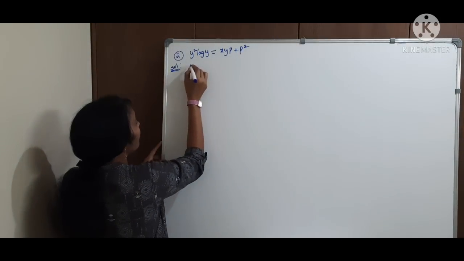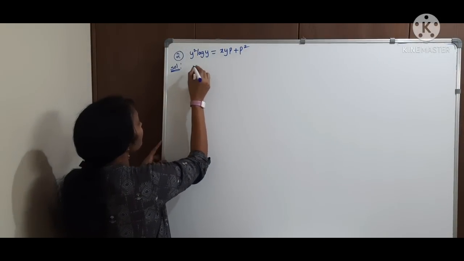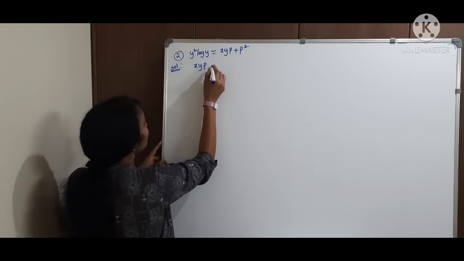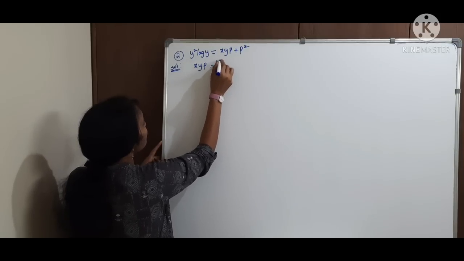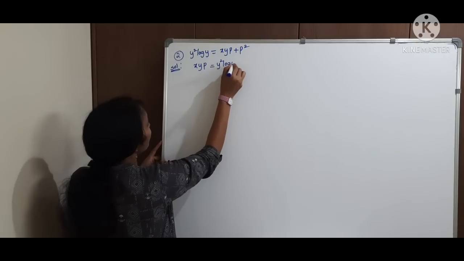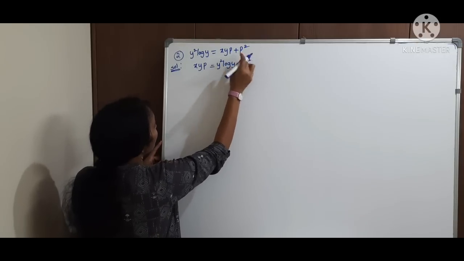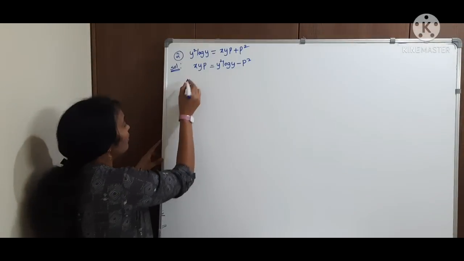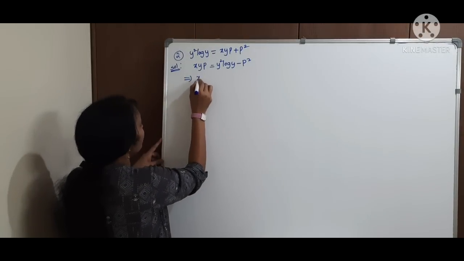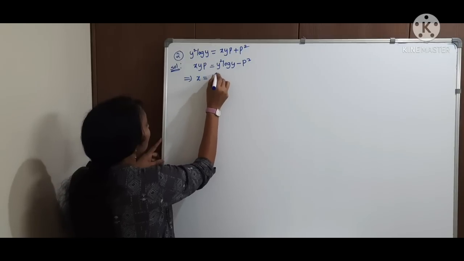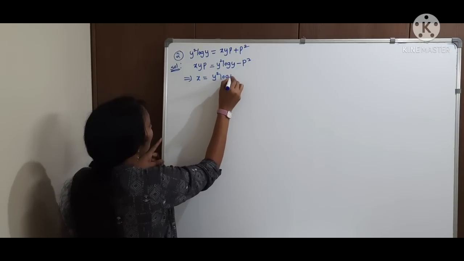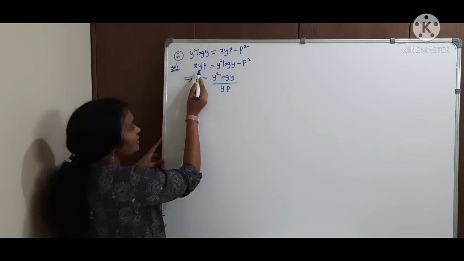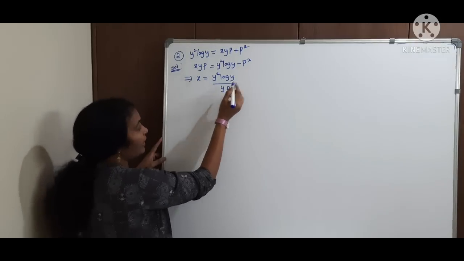For that I need to take this term xyp is equal to, then what happens? y square log y minus p square. This term I have brought as it is. Okay, now only you need to write x, right? x is equal to what? y square log y by yp, because this will be divided with yp.